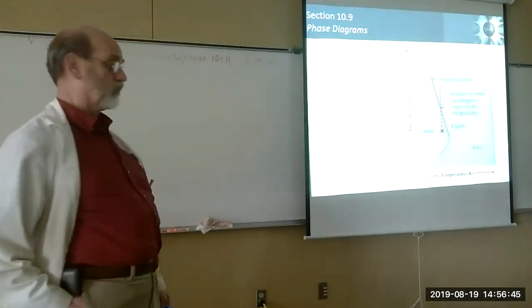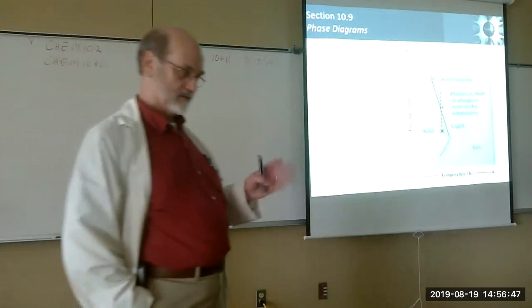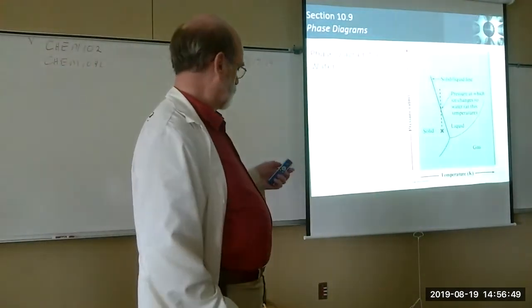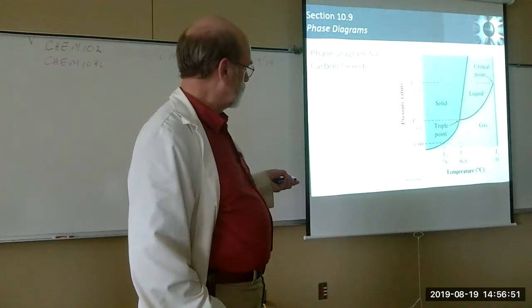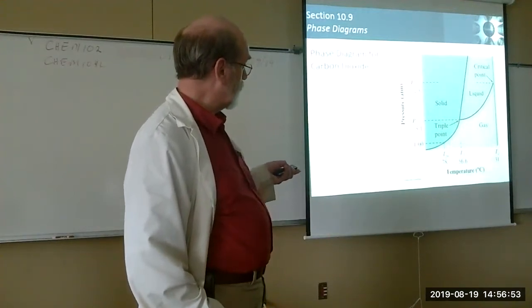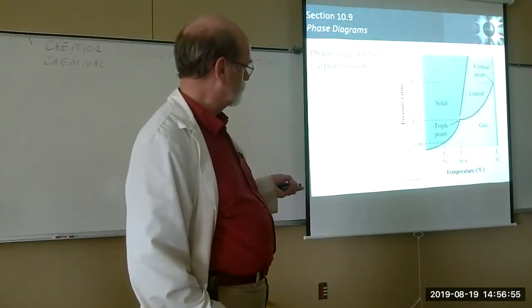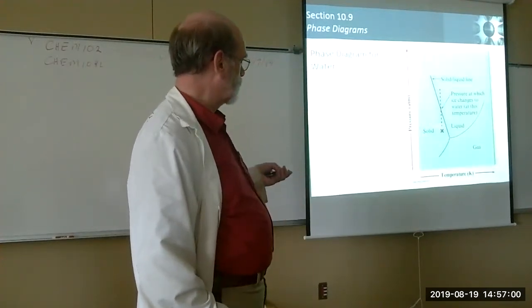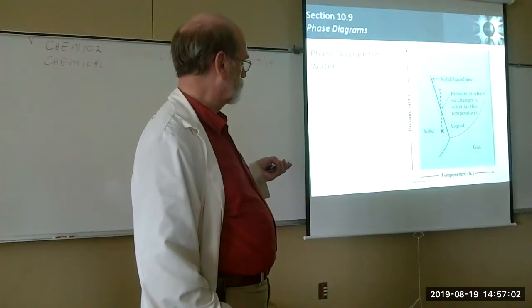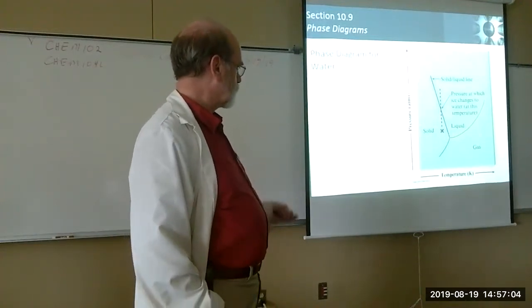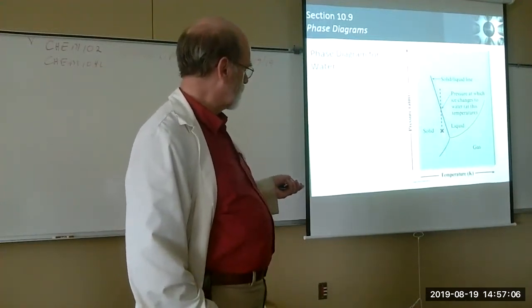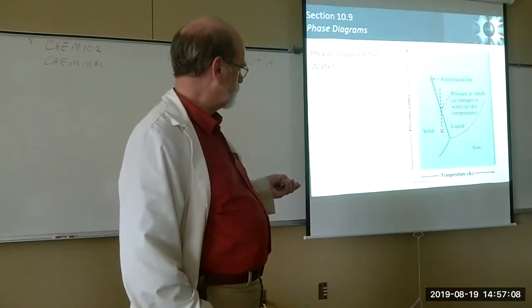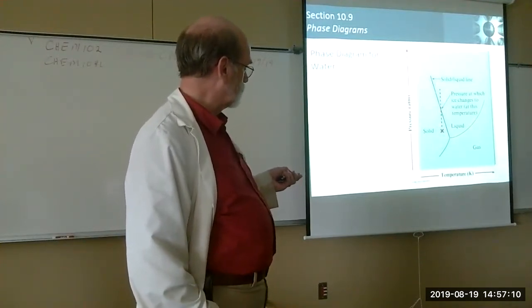Now, the phase diagram for water is kind of strange. Remember from CO2, the slope on the solid liquid line is positive, lower left, upper right. The slope on the solid liquid line for water is backwards. So at this temperature, if you increase the pressure, you're going to change solid to liquid.